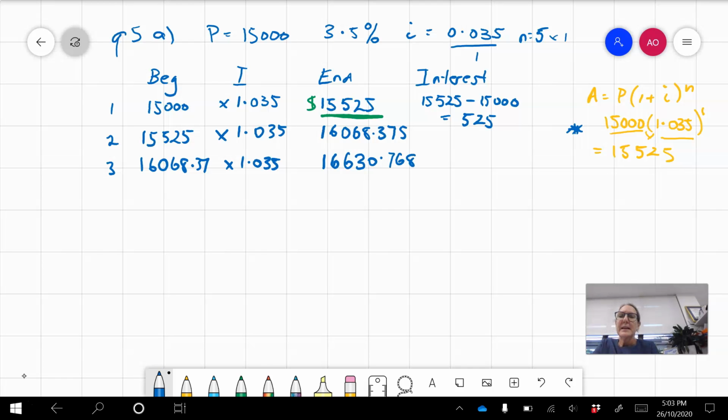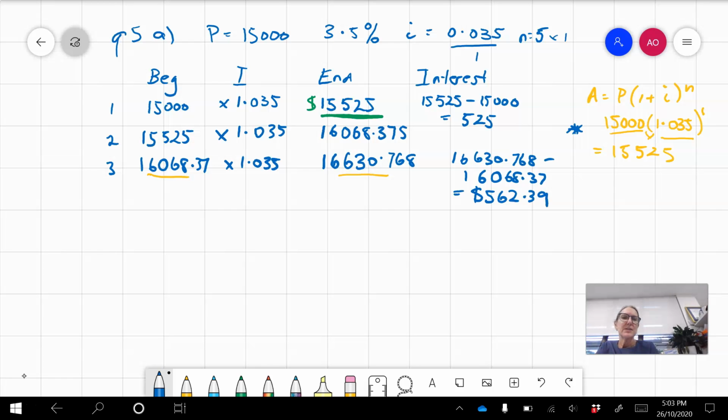Okay. Now it says, how much interest did I earn? So in that third year, the amounts I am interested in looking at are this one and this one. And in the third year, Ethan earned 16,630.768, minus the 16,068.37, and that gives me $562.39.